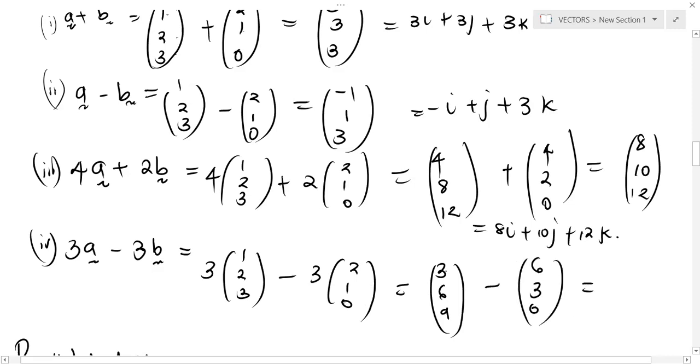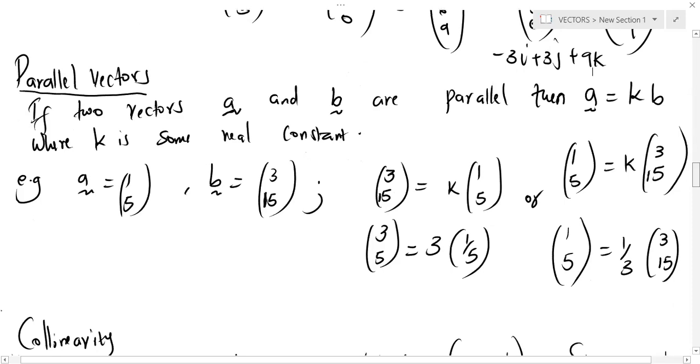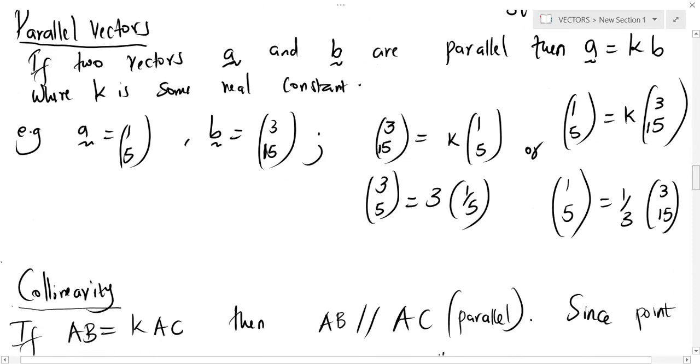Subtracting each entry with the corresponding entry in the other column, we have 3 minus 6, that is minus 3, 6 minus 3, we have 3, 9 minus 0, we have 9, which is basically the same as minus 3i plus 3j plus 9k. Okay, so that's basically it for addition, subtraction, and multiplication by a scalar.